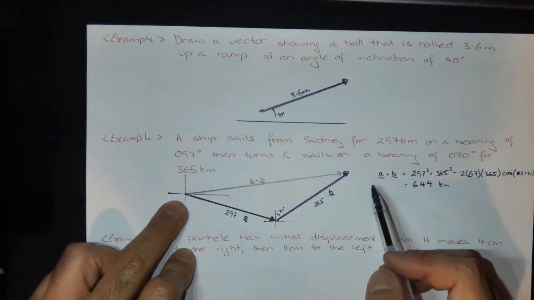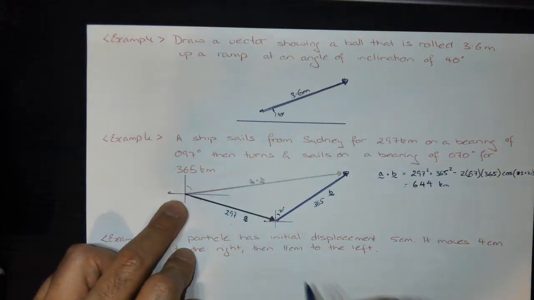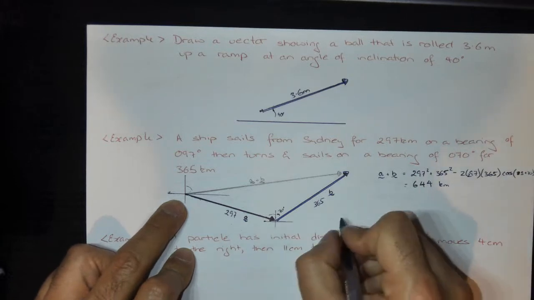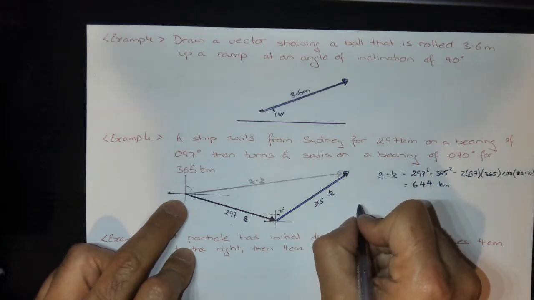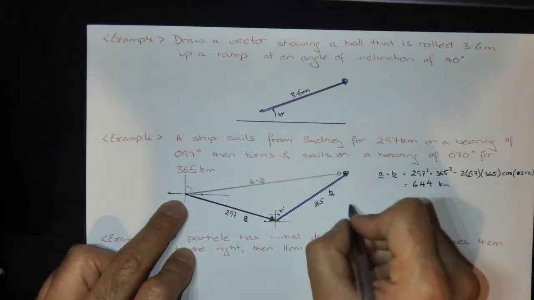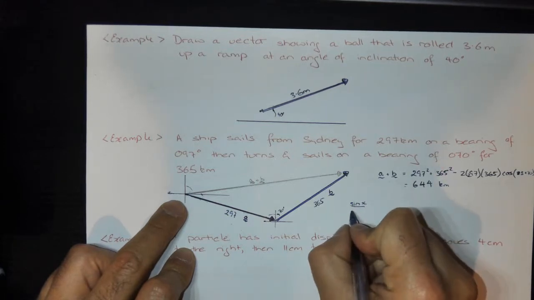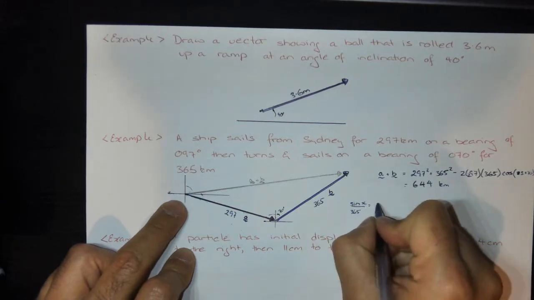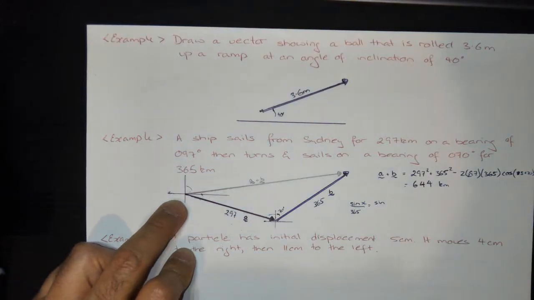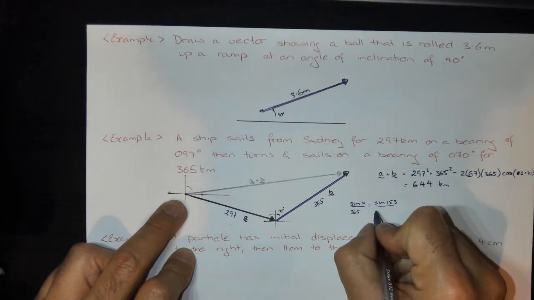So I've got a length of 644 kilometers, and eventually I can find the direction it's going in. I can find what this angle is there, and we could do that by using the sine rule. So sine x over 365 equals sine 153 over 644.